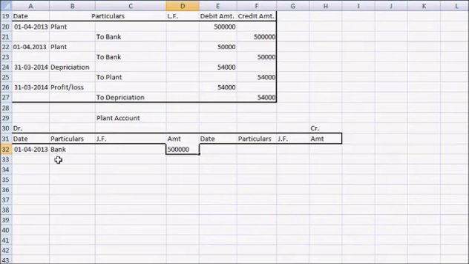The next, on the same date, we have installation expense, that is again by bank, write in bracket installation expense.